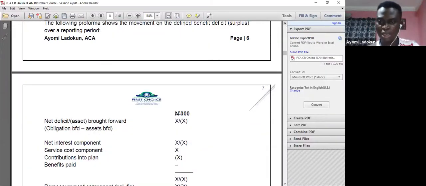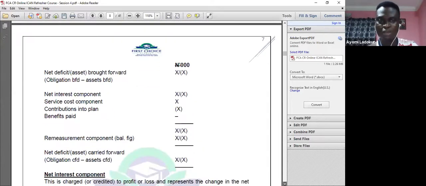If I have a deficit, normally when you have a plan asset and a plan liability, it will always be in deficit. Your liability will always be higher than your plan asset.